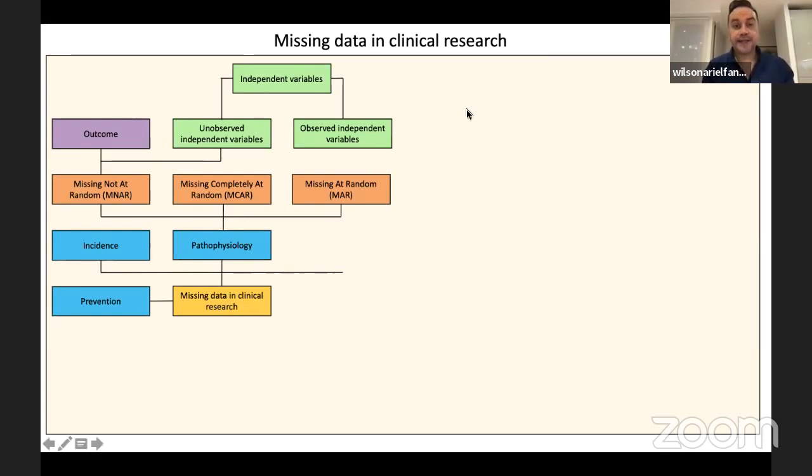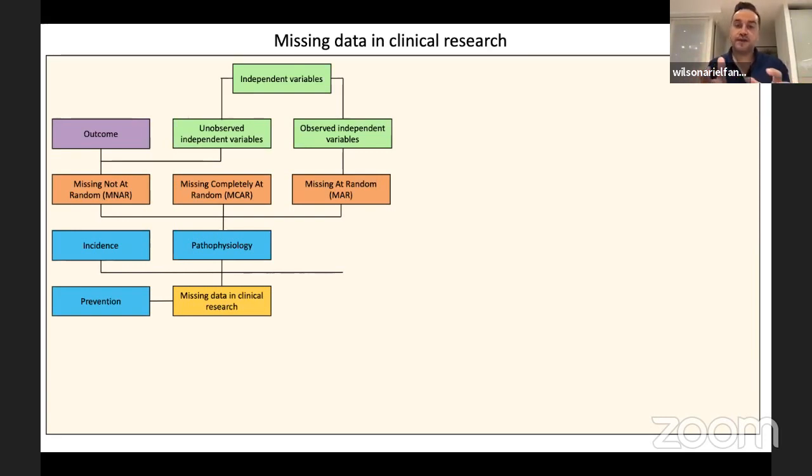And lastly, missing at random is something that by definition can be explained by the observed independent variables. Because they can be explained by the observed independent variables, we can go for those variables and try to adjust your information for those variables.